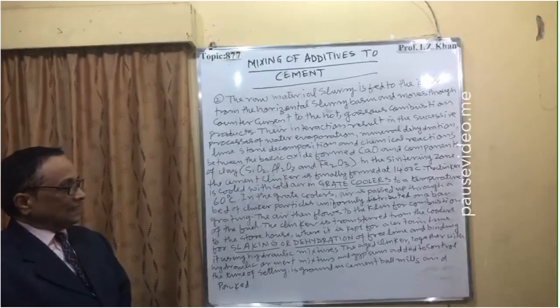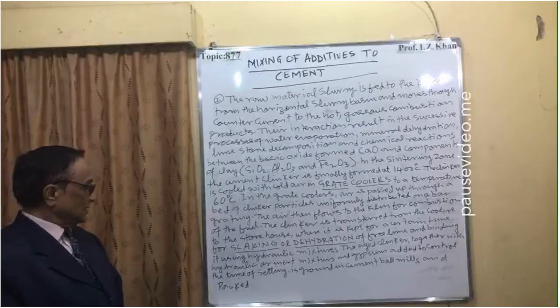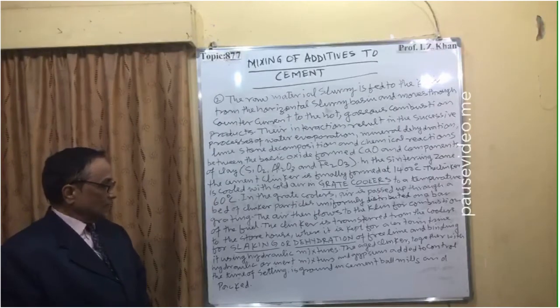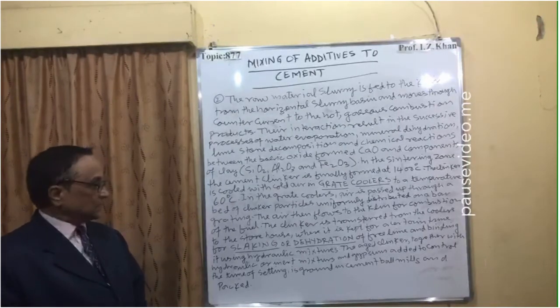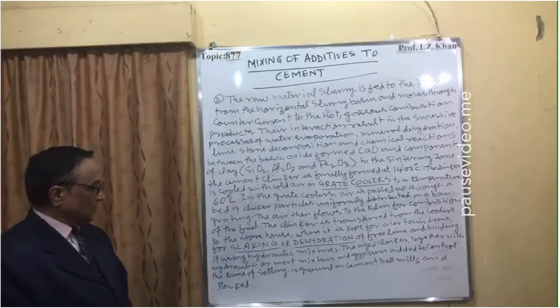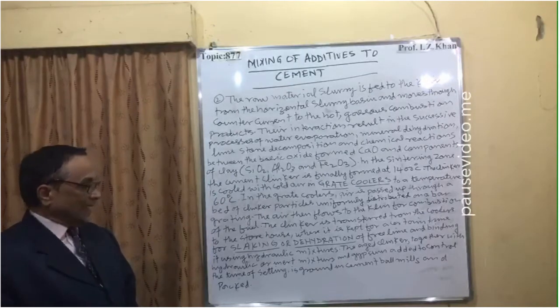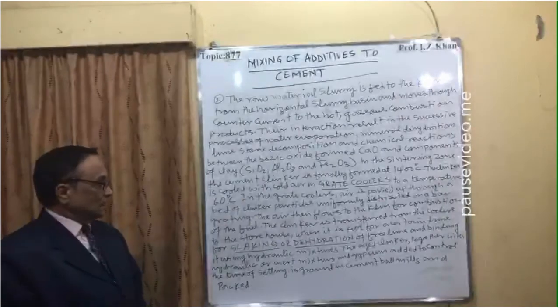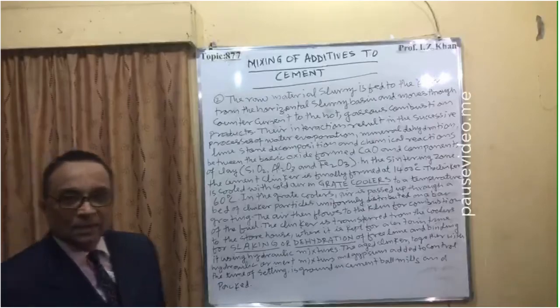The clinker together with hydraulic or inert mixtures and gypsum is added to control the setting time. Then it is ground in the cement ball mill and it is finally piped.